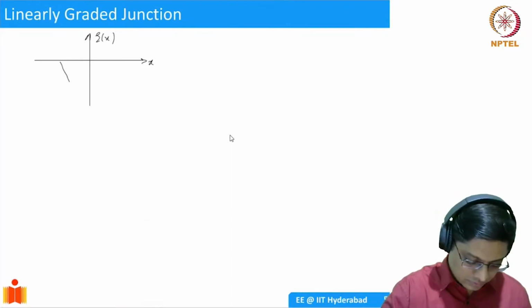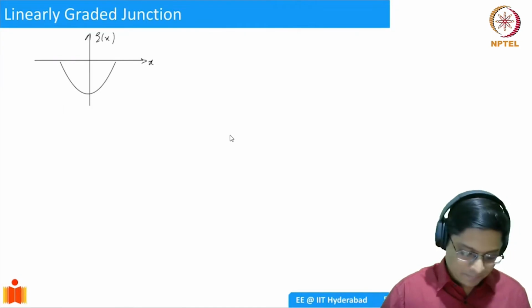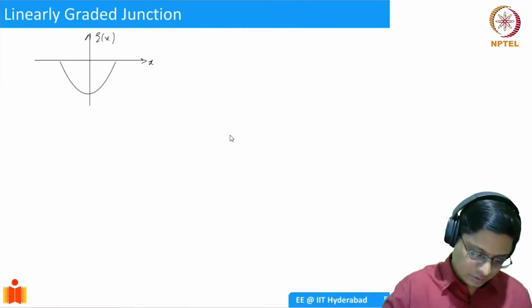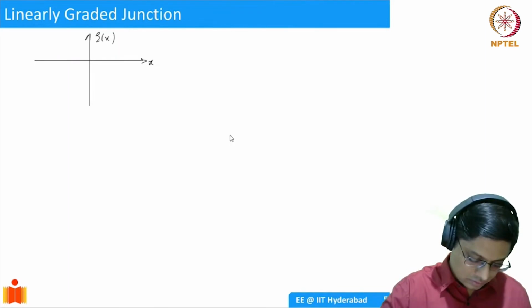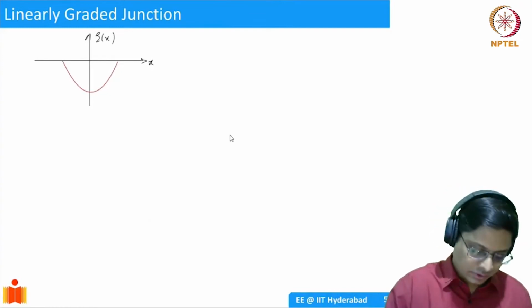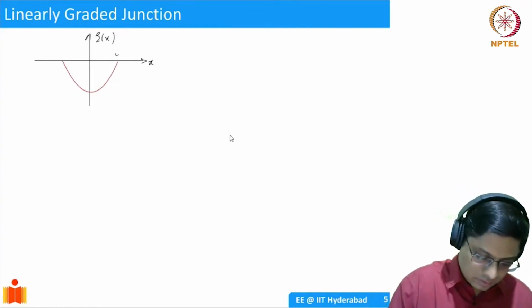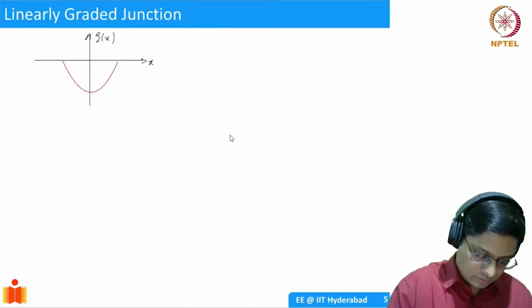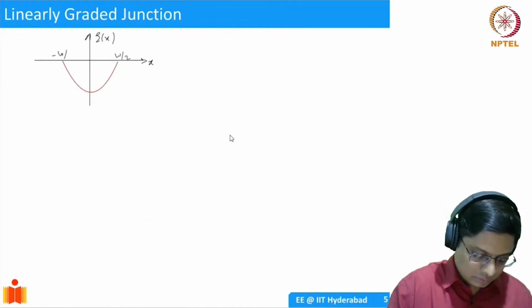So it should be something of the form like this. So this is your W by 2, minus W by 2.